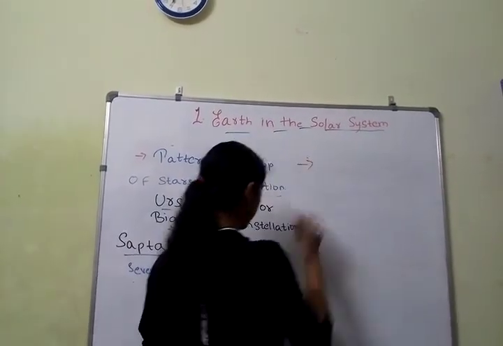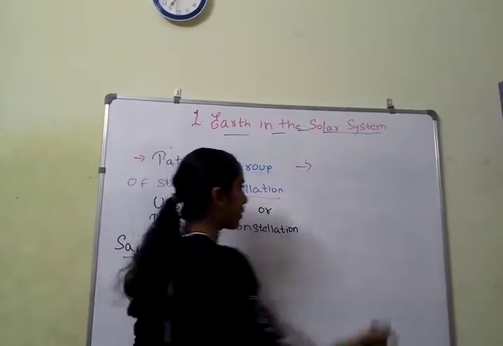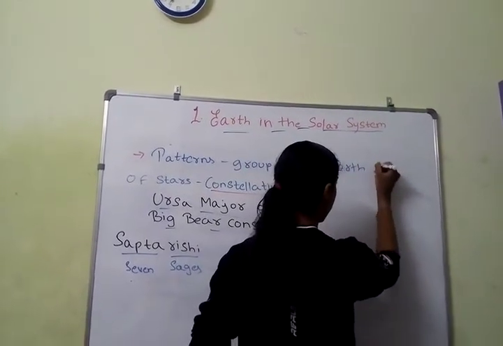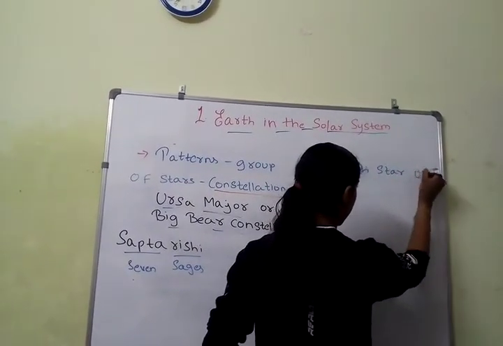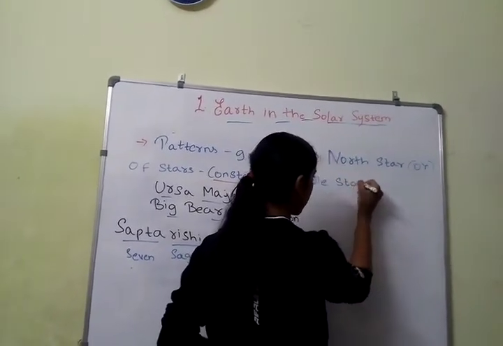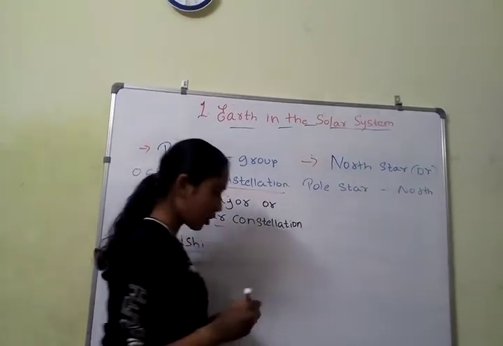The North Star is always fixed in its position, so with the help of that, they used to determine the directions. It points towards the north direction.